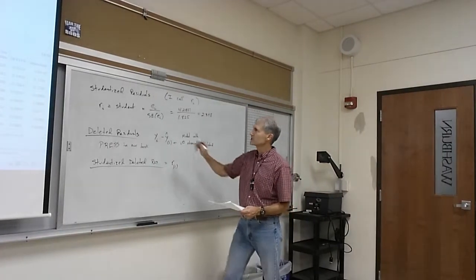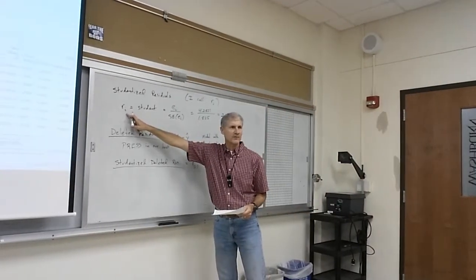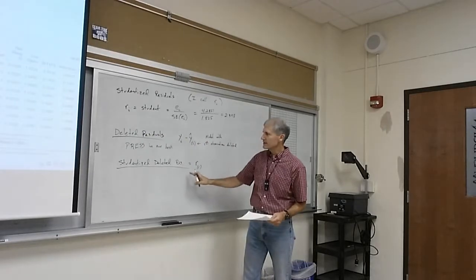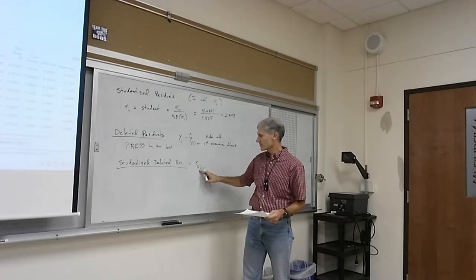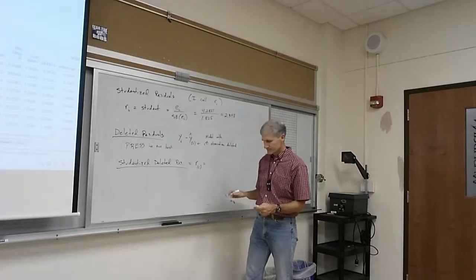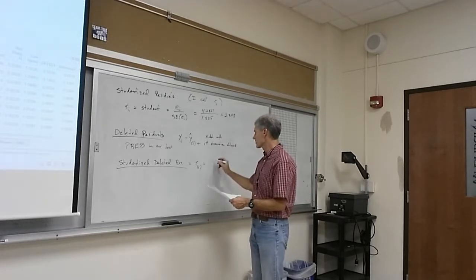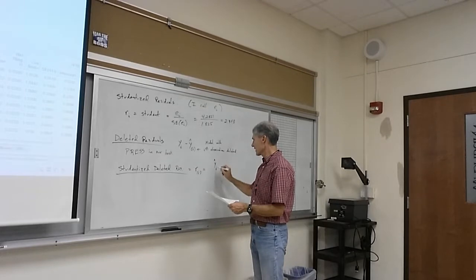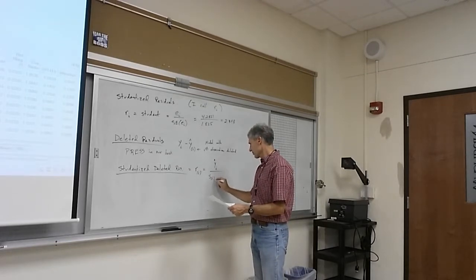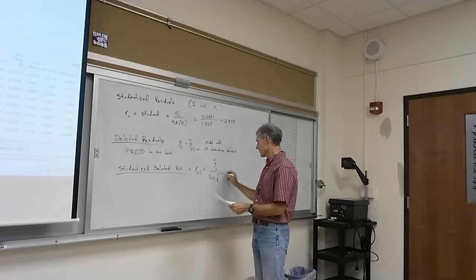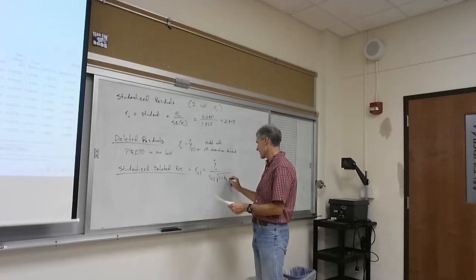So studentized is R with no parentheses around the i. Deleted studentized is R with the parentheses. And this is computed as e_i over S parentheses i times the square root of 1 minus the hat value.